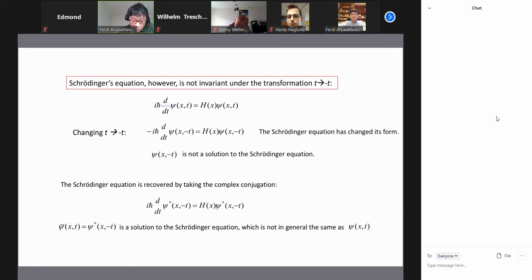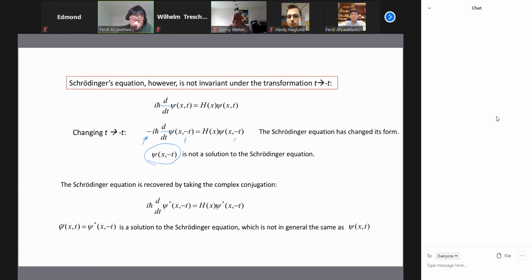If we change t to minus t, then dt becomes minus dt, and then we have minus t here, minus t here. So this is no longer a Schrödinger equation because I have a minus sign here. So this is not a solution to the Schrödinger equation. It's quite different from Newton's equations, where x of minus t is also a solution if x of t is a solution.